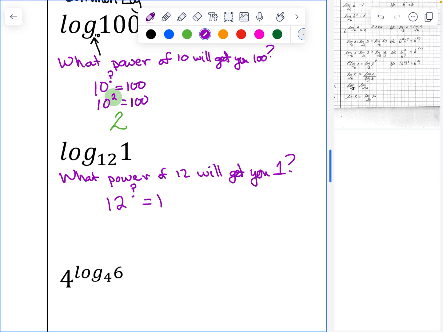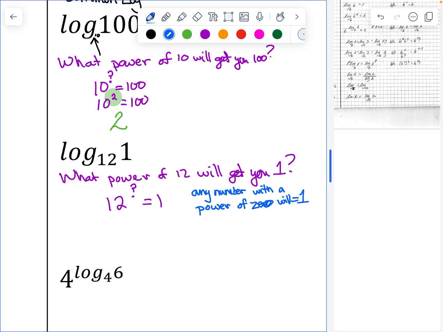Well, we have a rule from Algebra 1, Integrated Algebra 2, that says any number with a power of 0 will equal 1.